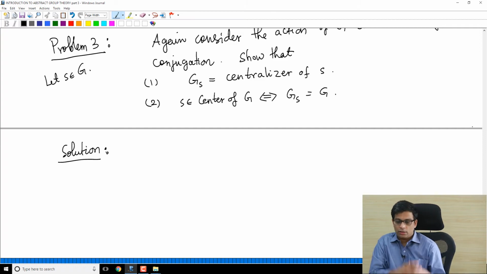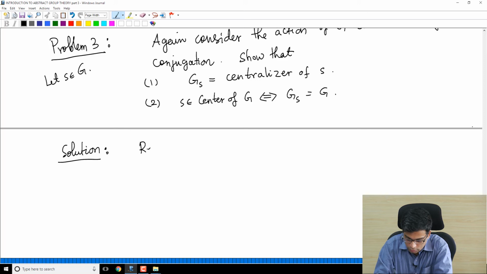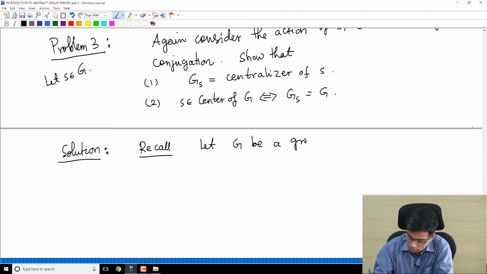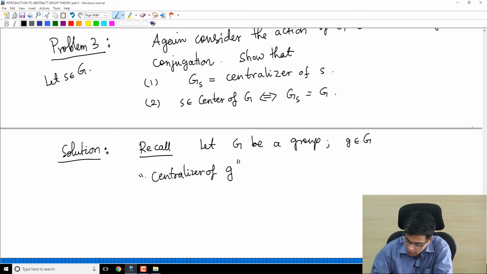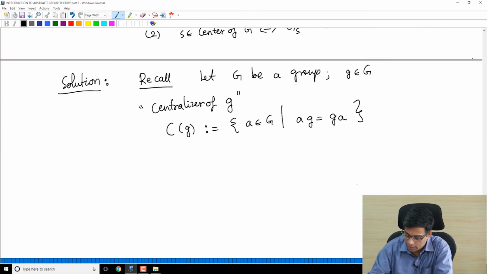So I am asking you to show that the centralizer of s. So I am going to recall, let G be an arbitrary group, and let us take g in G. The centralizer of g, which I have denoted by C(g), I think, is all elements which commute with g. So a in G such that ag equals ga. Remember, this is same as saying that a in G such that a g a inverse is g.